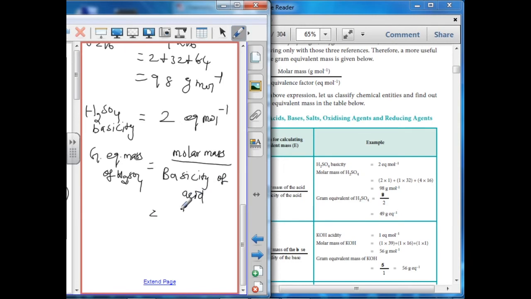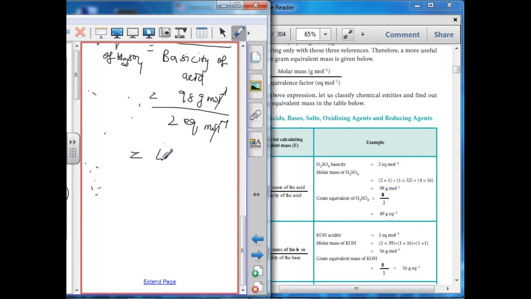So molar mass is 98 gram mole inverse divided by basicity of acid 2 equivalent mole inverse. Mole inverse cancel. So the answer is 49 gram equivalent inverse.